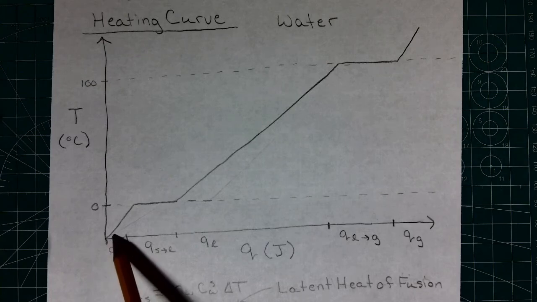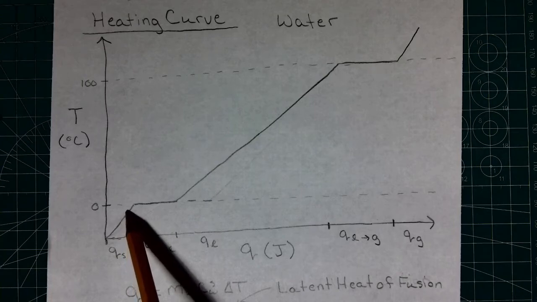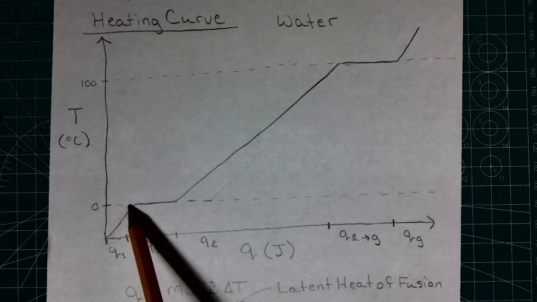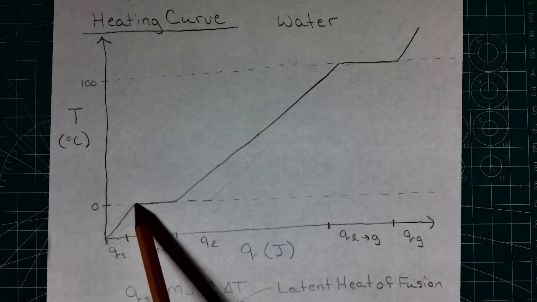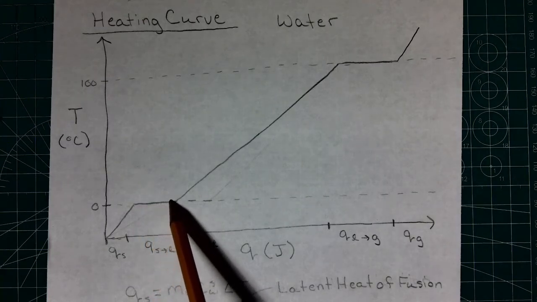That ice is going to start to get warmer at a rate that is a little bit faster than liquid water would, actually, until it reaches a temperature of 0 degrees Celsius. At this point, it's going to stop getting warmer, but it is going to start to melt. It's going to start to change into liquid water.